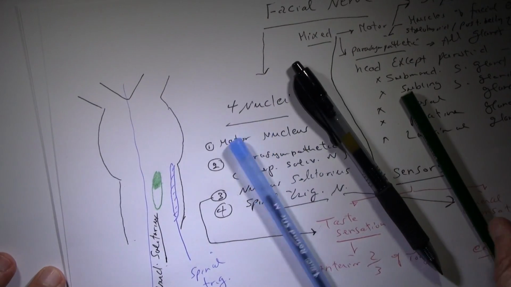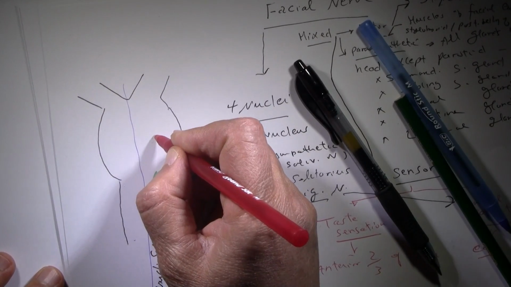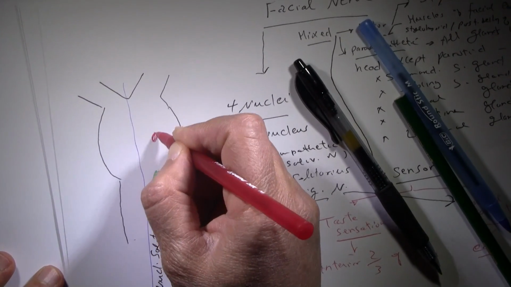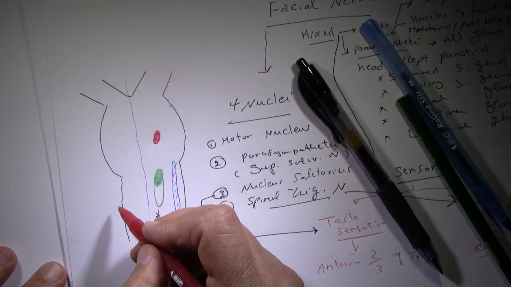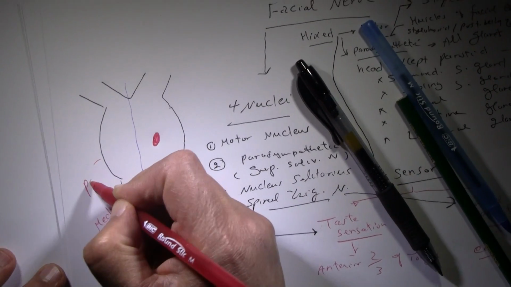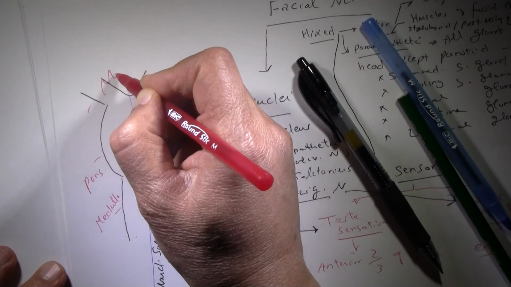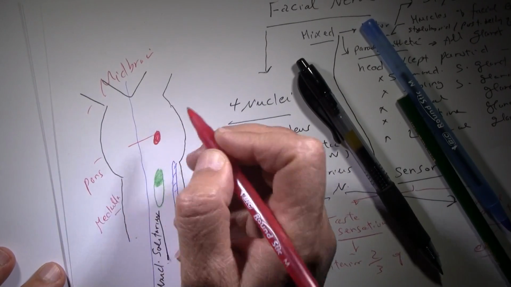Then you have the motor nucleus, which is located here in the pons. So this is the medulla, that's the pons, that's the midbrain. This is the motor nucleus.